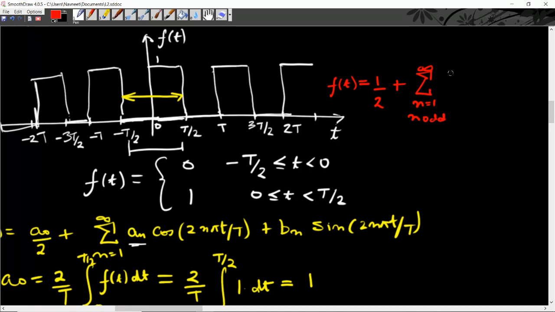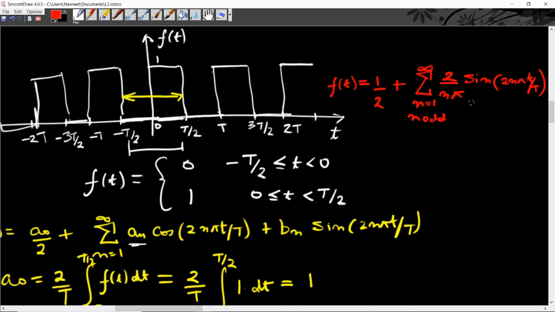So in this summation we'll just have odd values of n. So we have 2 over n pi sine 2n pi t over T. So this is the Fourier series for this square wave.